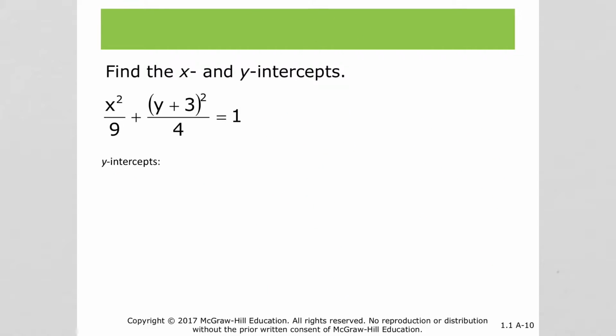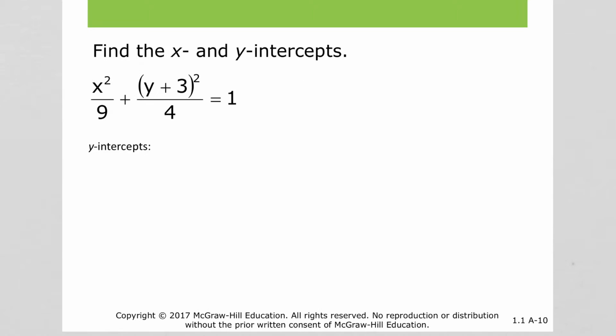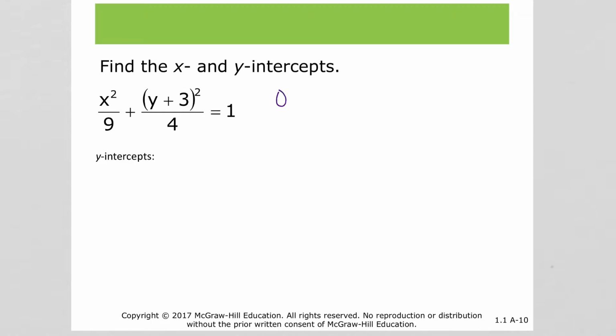For the y-intercepts, plug in where x is 0. Okay, so 0 squared over 9 is just 0. And I'm going to go ahead and multiply by 4.